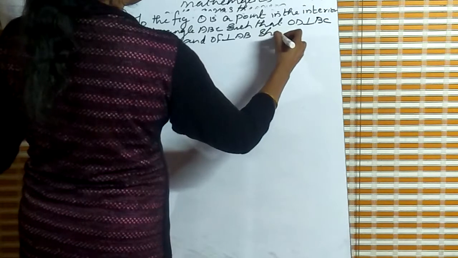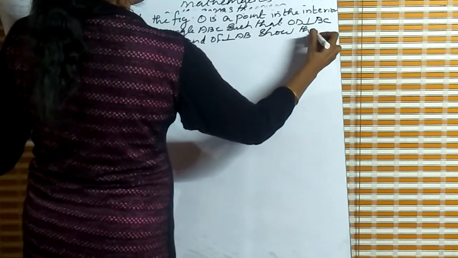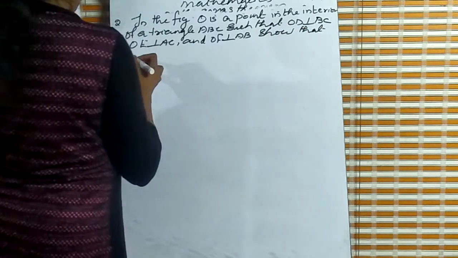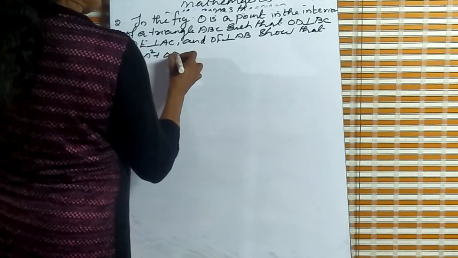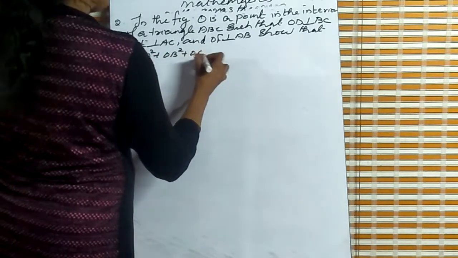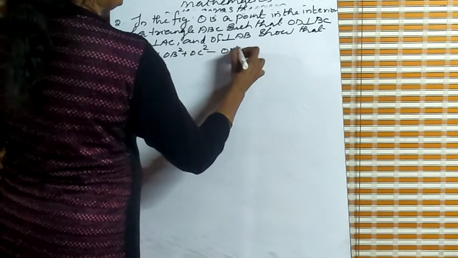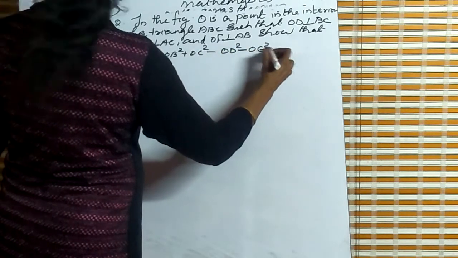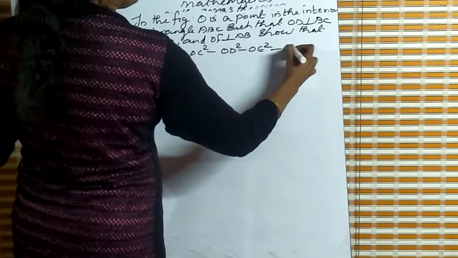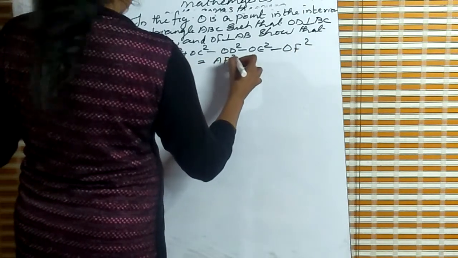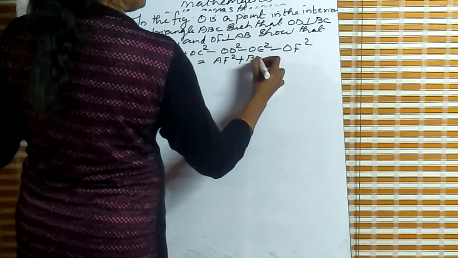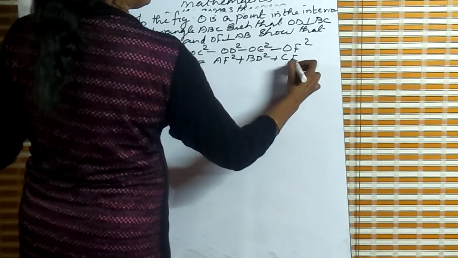Show that, 1: OA square plus OB square plus OC square minus OD square minus OE square minus OF square is equal to AF square plus BD square plus CE square.